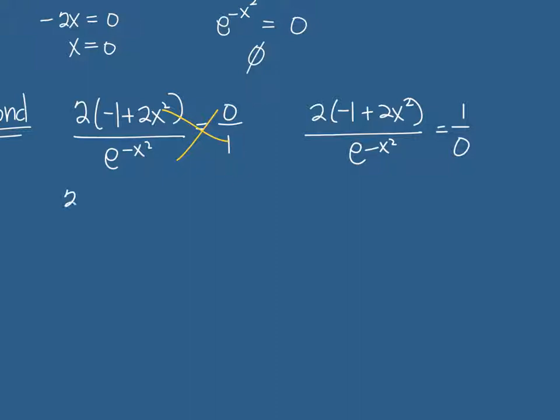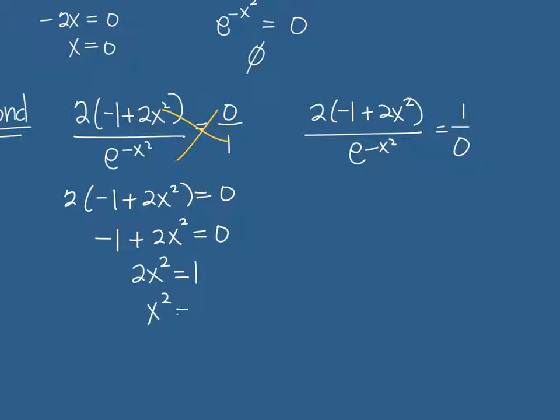When we cross multiply, we get 2 times the quantity negative 1 plus 2x squared is equal to 0, which we can solve. When you divide both sides by 2, it's still equal to 0. When you add 1 to both sides, x squared is equal to 1/2. And so x is equal to plus or minus square root 2 over 2.